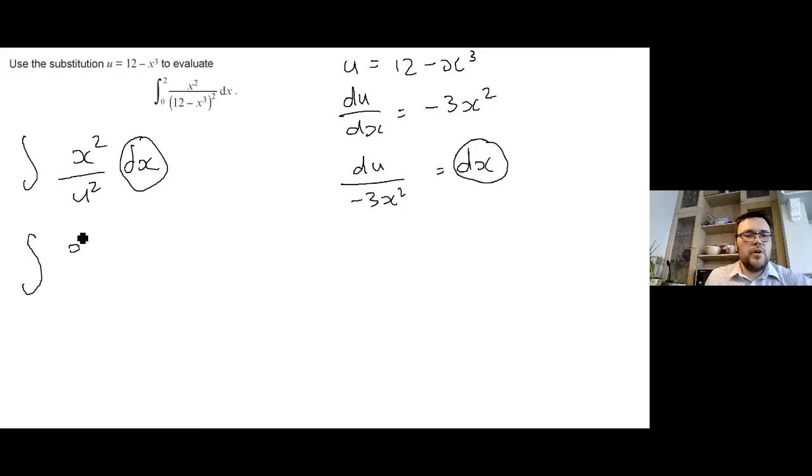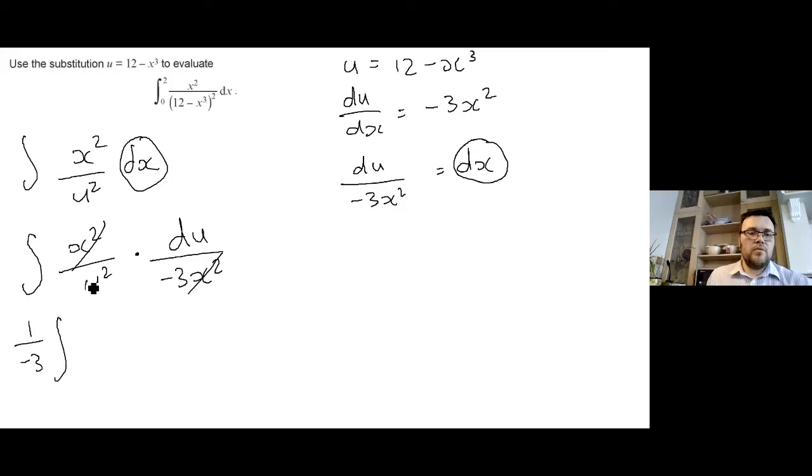So the integral becomes x squared over u squared times du over minus 3x squared. That 3x squared will cancel with that one. You can move the number outside because it's a constant, so it's minus a third, the integral of u to the minus 2 du.